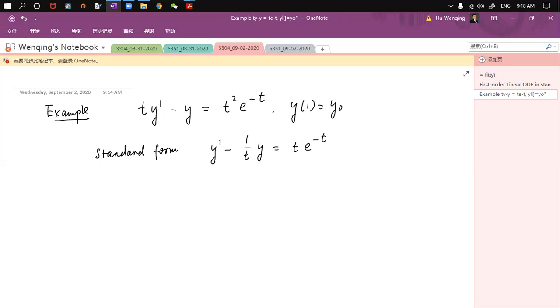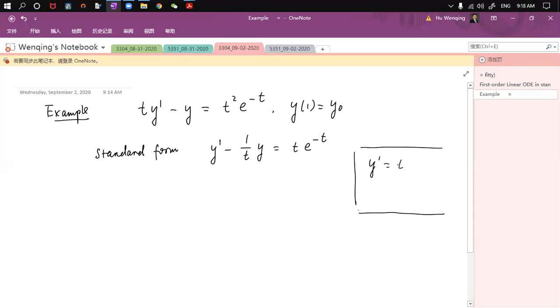As long as you turn it into standard form, how are you going to solve this equation? Is there any method? Well, assume this equation is like y prime is t e to the power minus t. You don't have this bothering term.